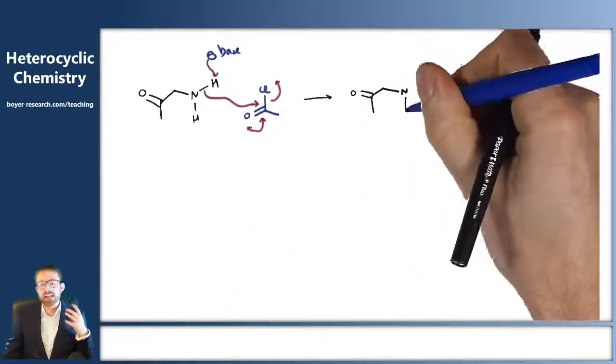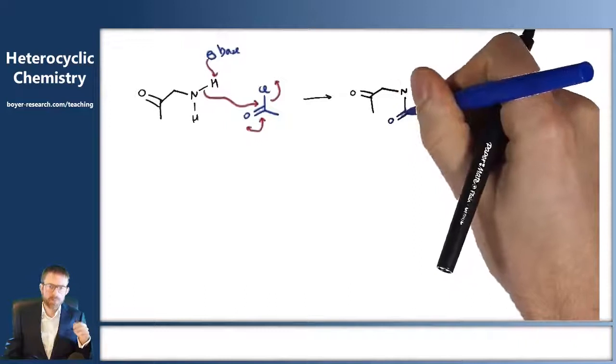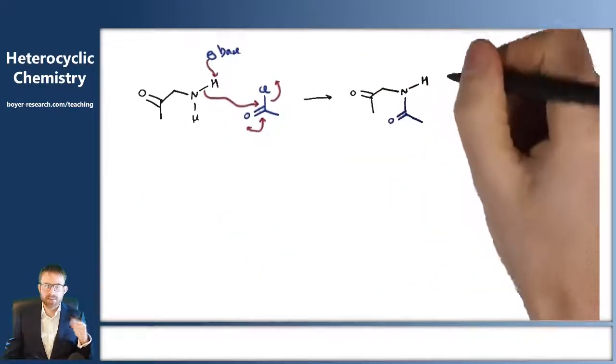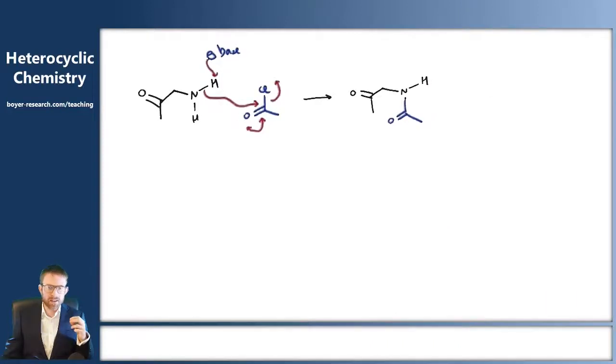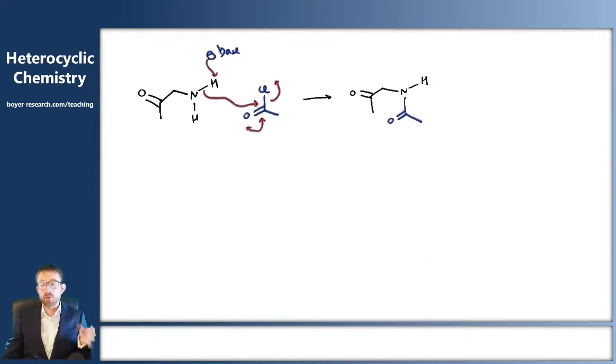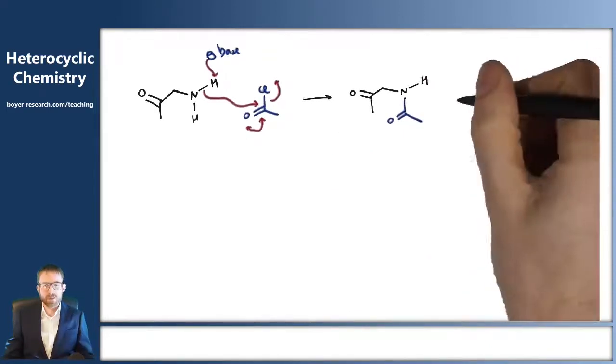We can draw the electron-rich carbonyl, more electron-rich now because of the nitrogen lone pair, which is in conjugation. So it's the amide, which is electron-rich, that cyclizes around and reacts the more electrophilic ketone carbon.